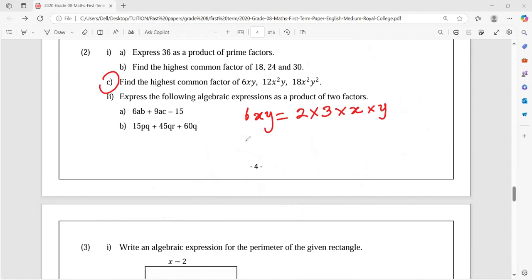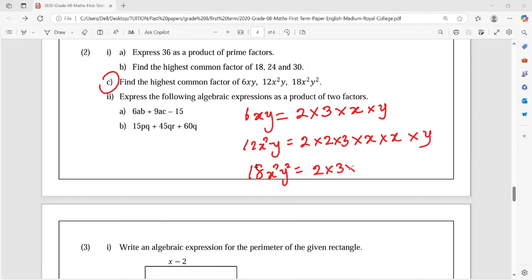Then 12x squared y: 12 is equal to 2 into 2 into 3, if you get the prime factors, and x into x is x squared, and then y. And 18xy squared: 18 is equal to 2 into 3 into 3, these are the prime factors, and x into y into y.